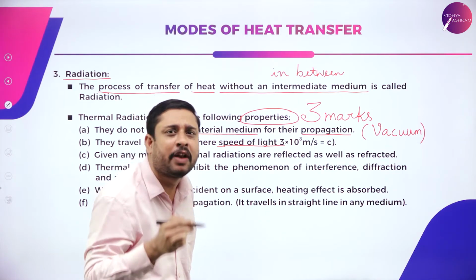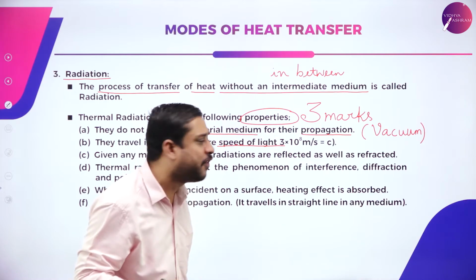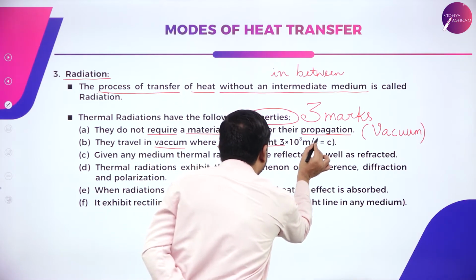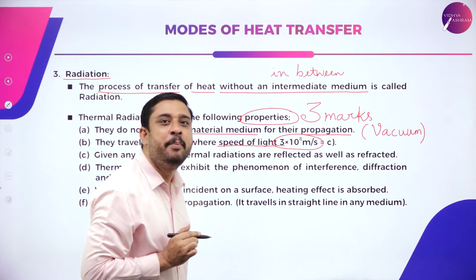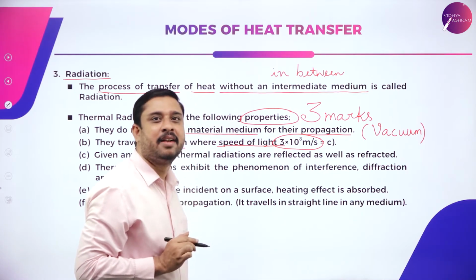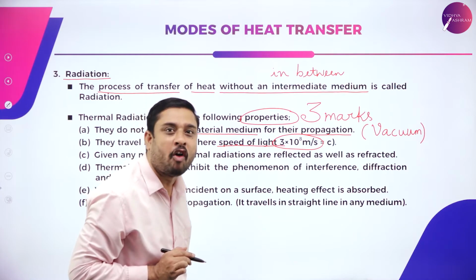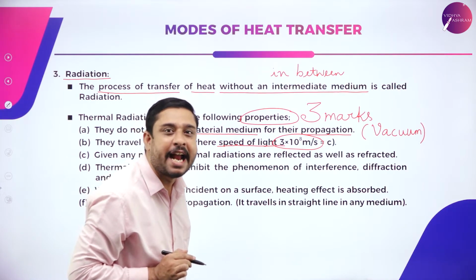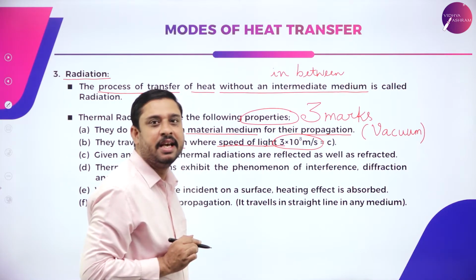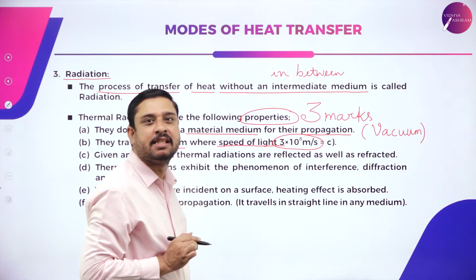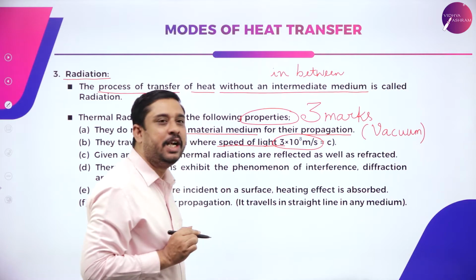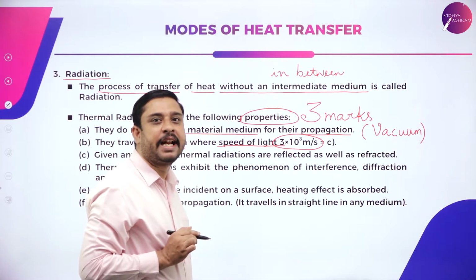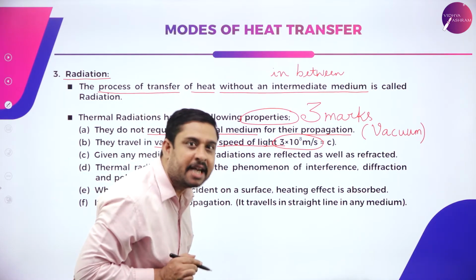Exactly the speed of light. What is the speed of light in vacuum? 3 into 10 power 8 meter per second. So the speed of thermal radiations in free space, in vacuum, is 3 into 10 power 8 meter per second.